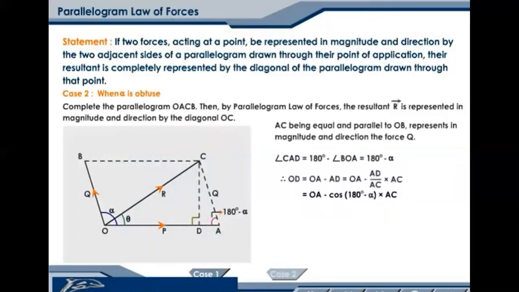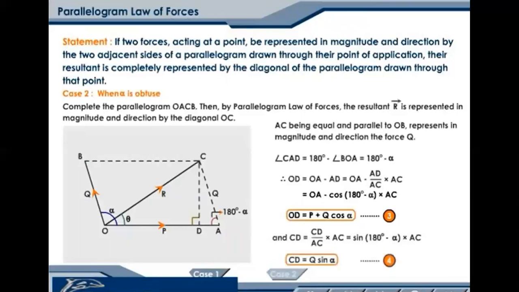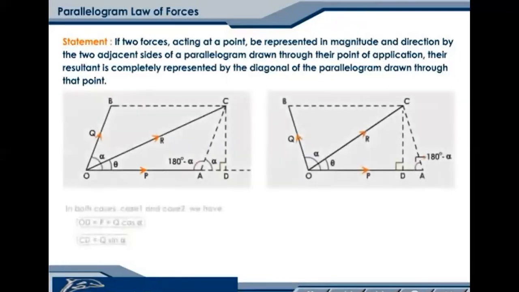Therefore, we get OD equal to P plus Q cos alpha. Let this be equation 3. Also, we have CD equal to Q sin alpha. Let this be equation 4. Thus, from case 1 and 2, we have OD equal to P plus Q cos alpha, and CD equal to Q sin alpha.